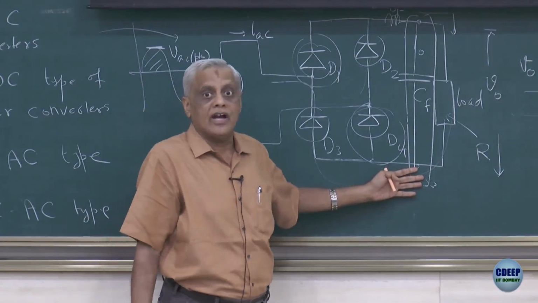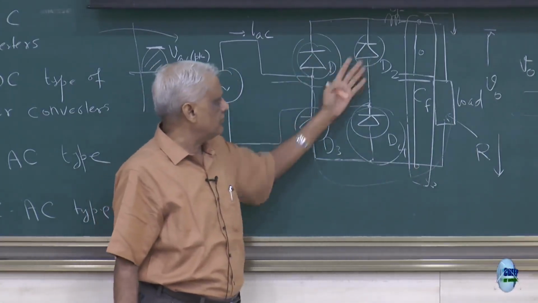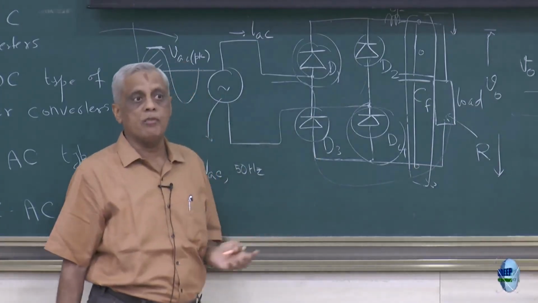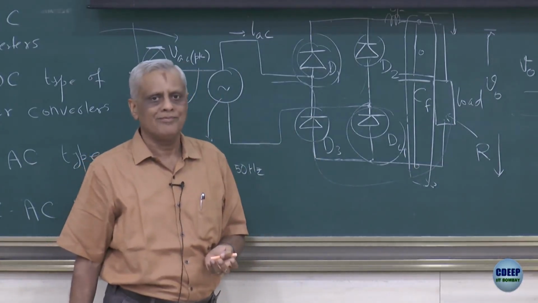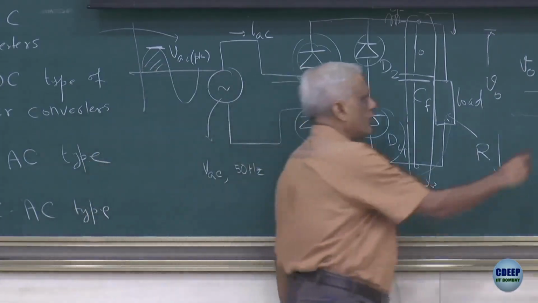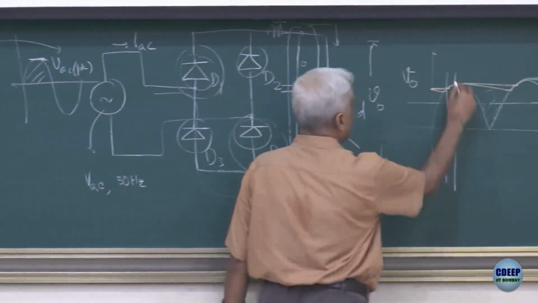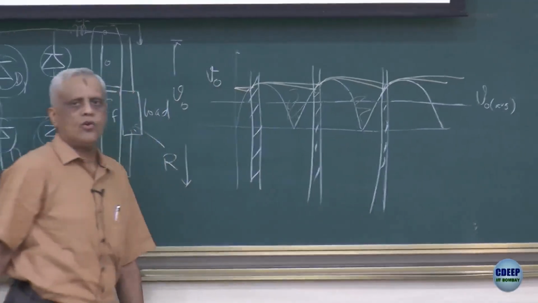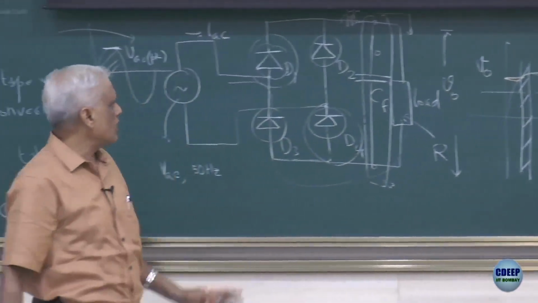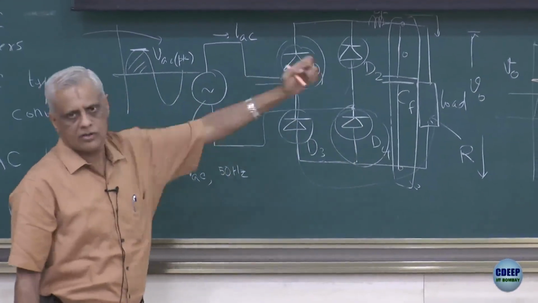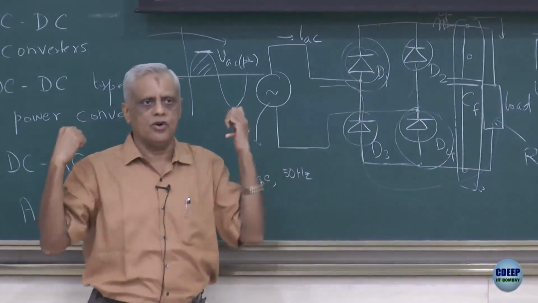So you will find that these diodes will get forward biased only for a very short time, which is this time, and this is the only opportunity for the circuit to absorb power from the AC side.